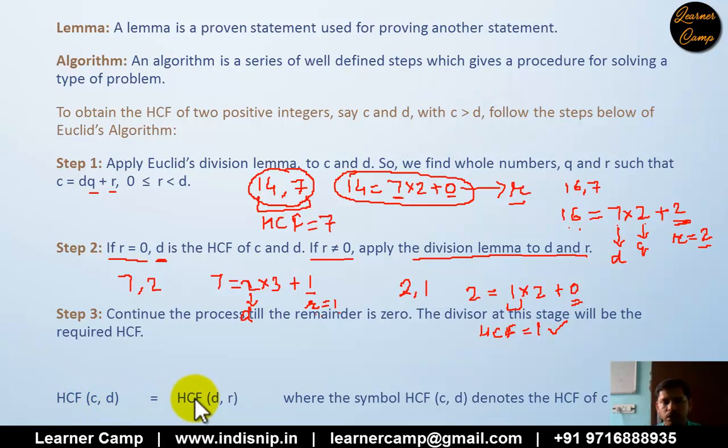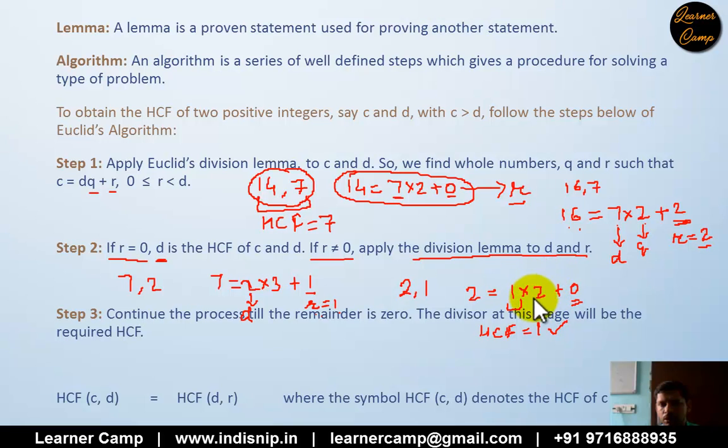That means, see now in step number 2 or step number 3, when we find the HCF, actually that HCF is the HCF of the divisor and the dividend in this case. So when we applied it here, 2 is equal to 1 into 2 plus 0. So in that case the HCF 1 was actually the HCF of this 2, that is the dividend, and this 2, that is the divisor, right?